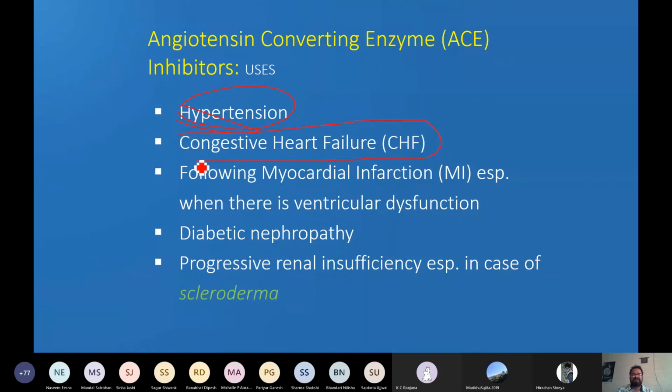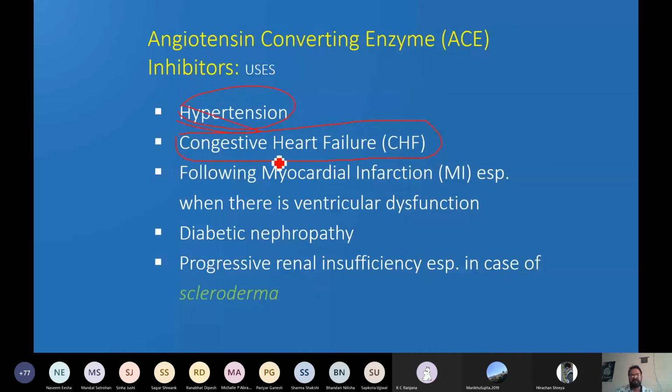CHF. It is the inability of your heart to pump adequately. Your pumping capacity is not adequate, so the blood is not reaching every nook and corner of your body. That is the function of a heart. Heart needs to pump the blood so that the blood reaches every corner of your body. Now this is not happening.